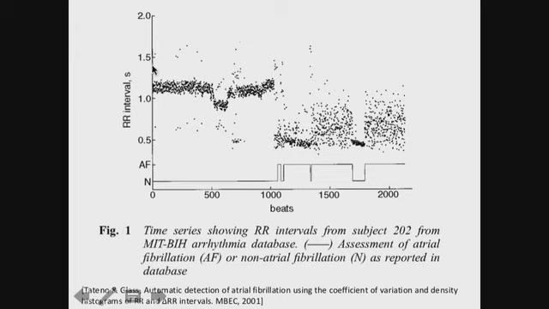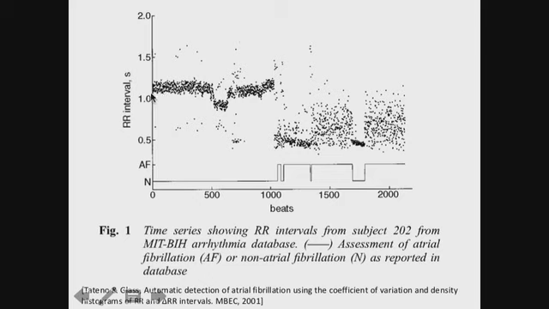The y-axis is just showing the RR interval between the previous beat and the current beat. And down here at the bottom is the ground truth of whether the patient is assessed to have a normal rhythm or atrial fibrillation, which is noted as this higher value here. So these are AF rhythms. This is normal. This is AF again.